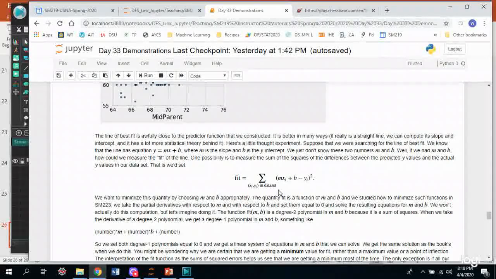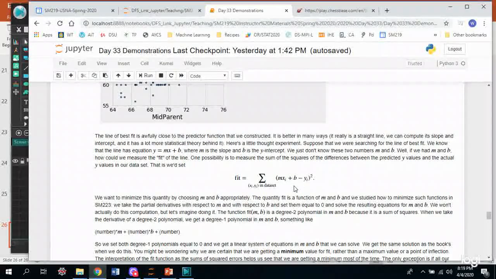Not only is it a function of two variables, it's a quadratic or degree 2 function of those variables, right? M can only get squared and b can get squared, and we could have some cross terms like m times b, but we get at most a degree 2 polynomial in the m and b's here.